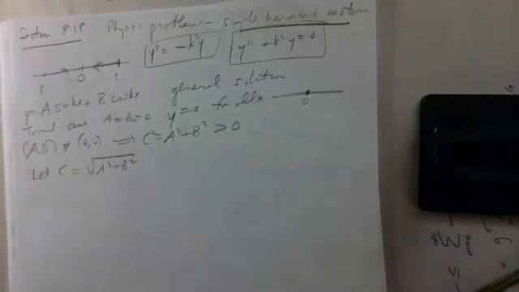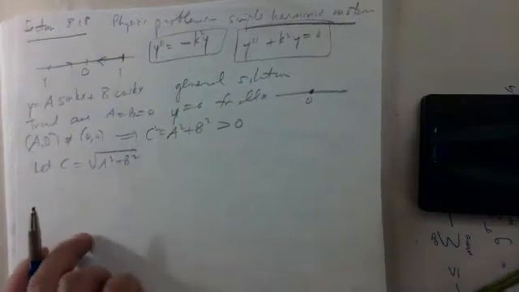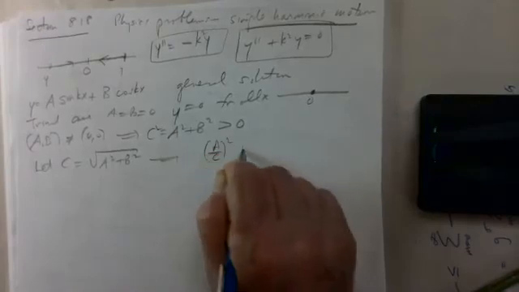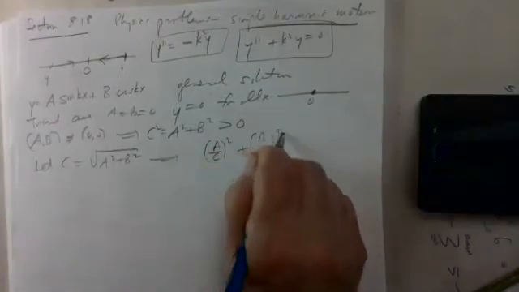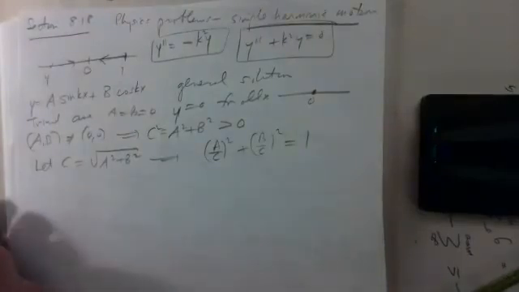So c squared equals a squared plus b squared. Now, another way of saying this is that if you take a over c and square it, and b over c and square it, you get 1, right? Divide this equation by c squared, this is what you get.